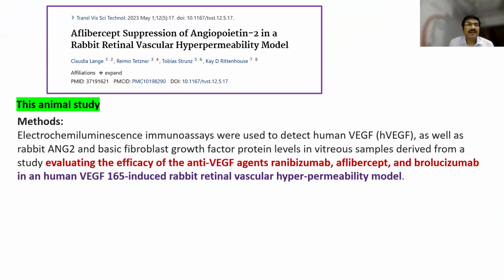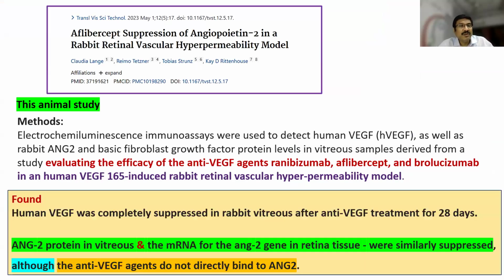This animal study evaluated the efficacy of anti-VEGF agents ranibizumab, aflibercept, and conbercept in a human VEGF165-induced rabbit retinal vascular hyperpermeability model. It was found that Ang2 protein in the vitreous and the mRNA for the Ang2 gene in the retinal tissue were similarly suppressed, although the anti-VEGF agents do not directly bind to Ang2.